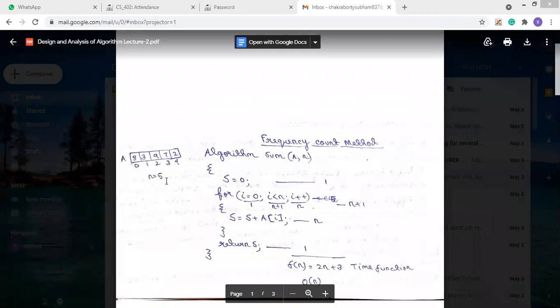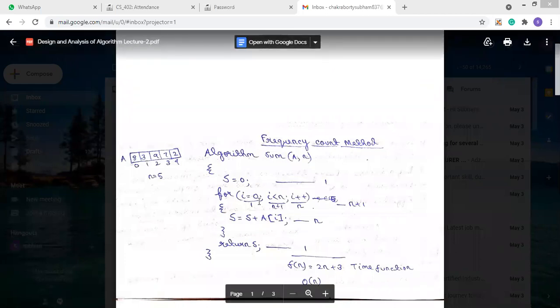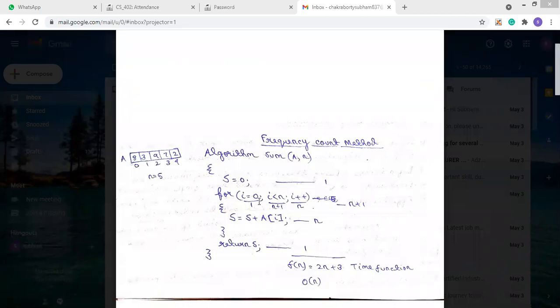How? Consider n equal to 5. First the condition will be checked: 0 less than 5, so the loop will be executed.